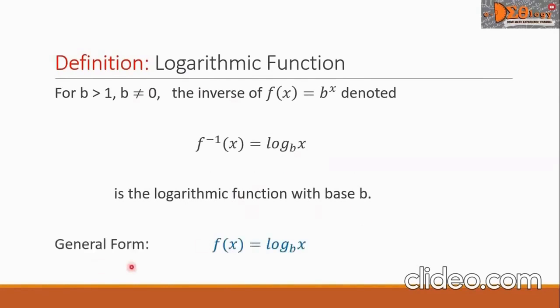The general form of logarithmic function is f of x equals log of x to base b. So in here, the inverse of the exponential function is the logarithmic function and vice versa.